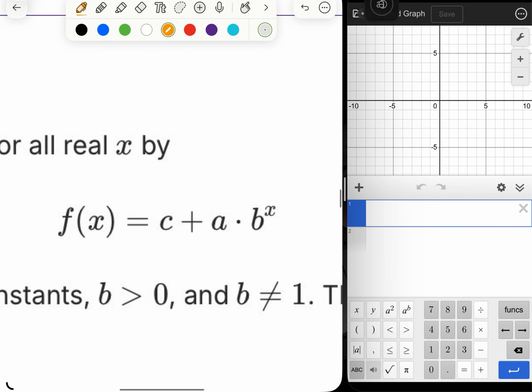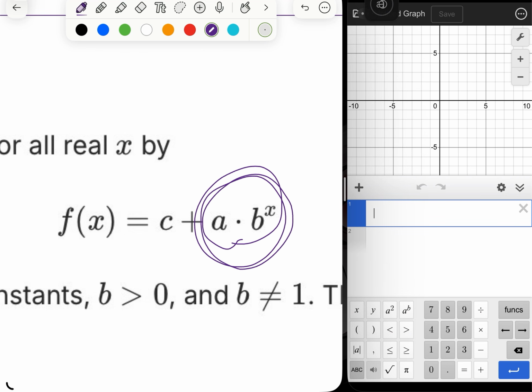Now, when I look at this exponential function here, what jumps out to me is that there's two terms here. There's a c and then there's an a times b to the x. Usually, when you're dealing with exponentials, it's a good idea just to get the a times b to the x part by itself, because that's now purely going to be an exponential function.